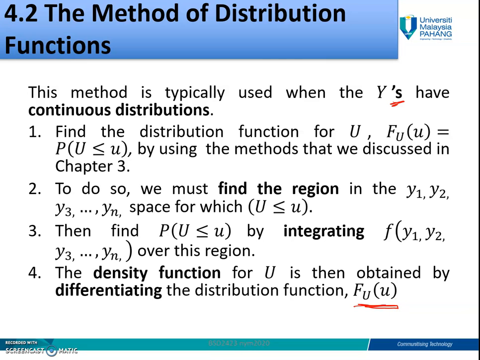The first thing you must remember is that this method usually can be used for continuous distribution. For sure you know whether the random variable is continuous or discrete, isn't it? This is how to do it.